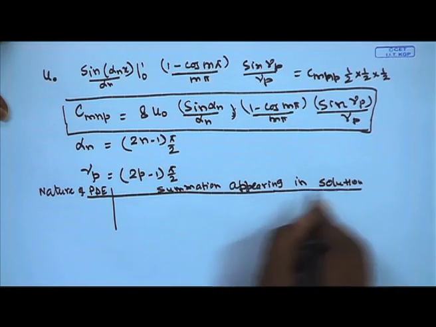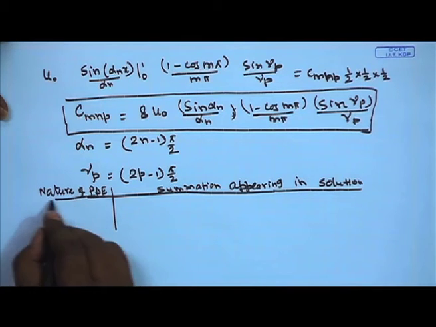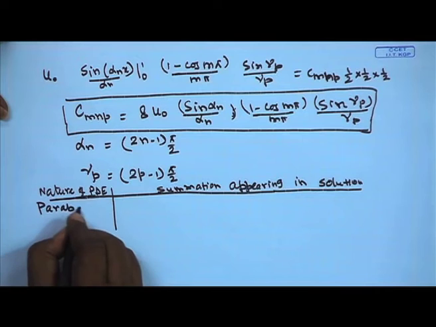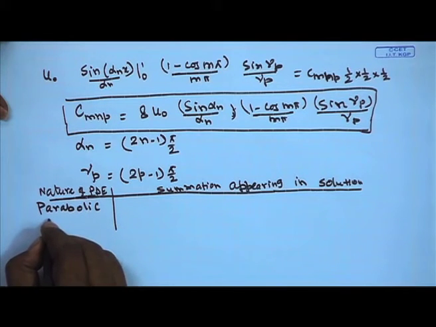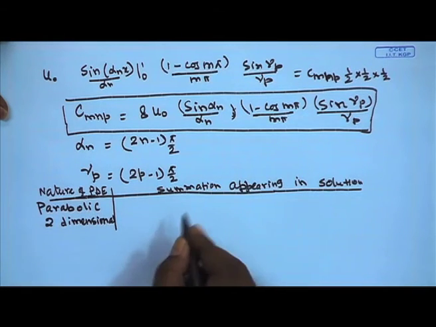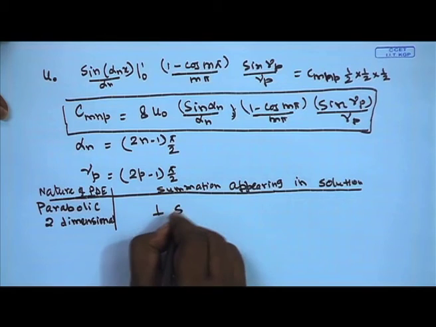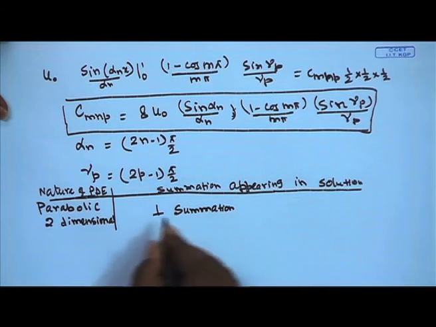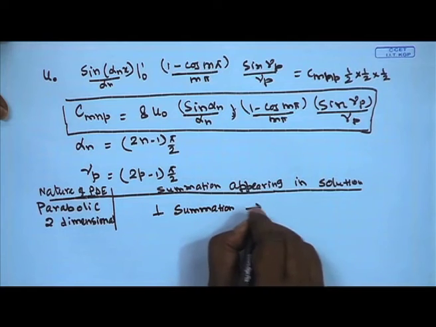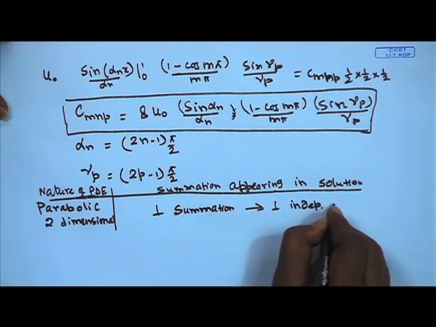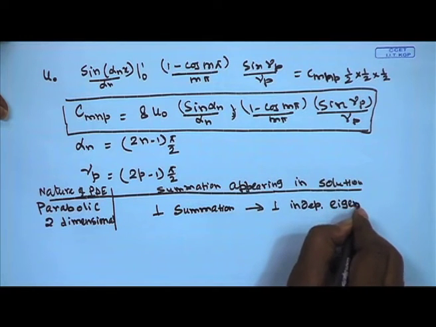It will be a very interesting problem, that if it is a parabolic two-dimensional problem, then I will have one summation in my solution, because I have one independent eigenvalue problem in my system.